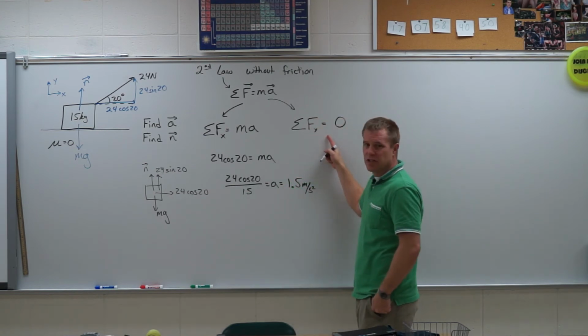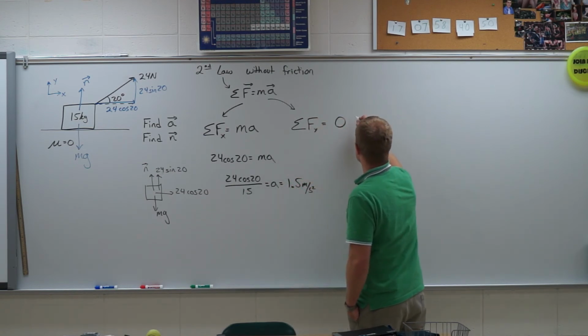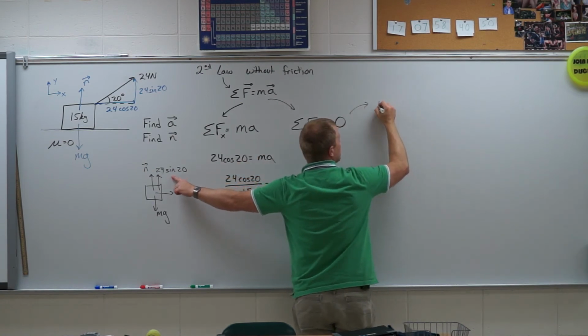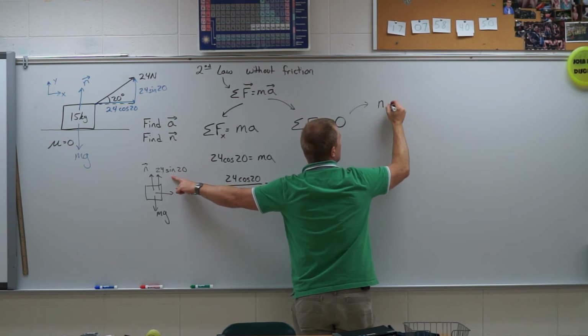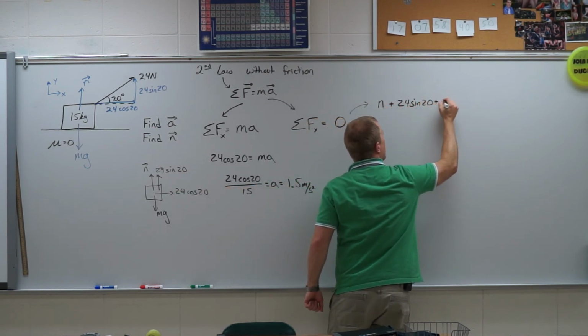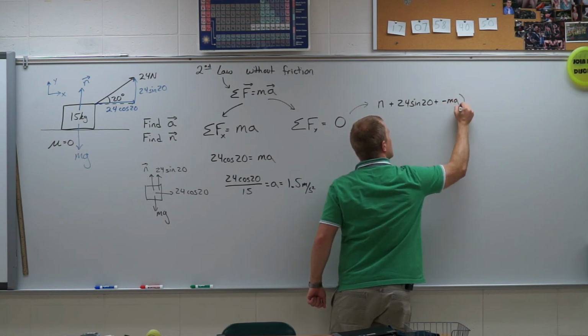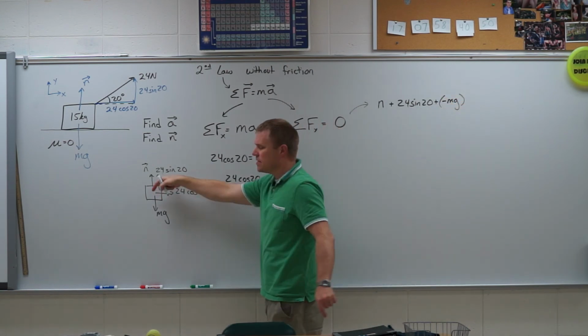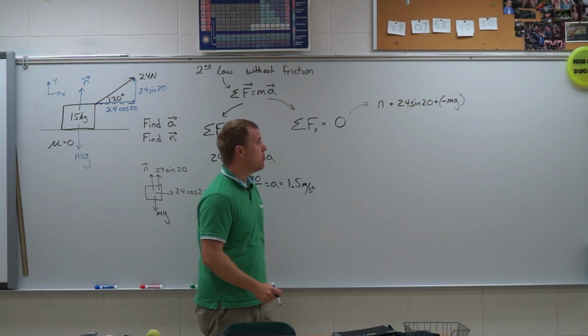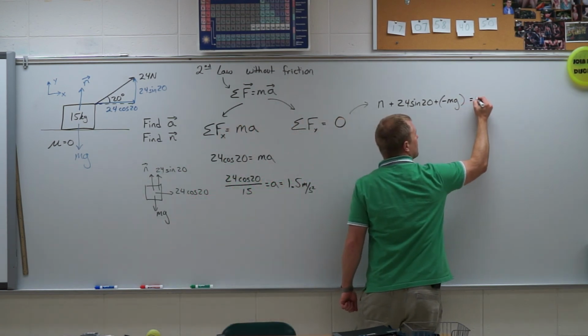So in the y direction is where we will solve this. So what we'll do is we'll generate this equation. So I'm going to sum up the forces in my y direction here. So I have normal force plus 24 sine 20, and then plus a negative mg. The reason it's negative is because it's pointing down. Again, remember, we're adding vectors together, so it's pointing down, and this will all add up to 0.